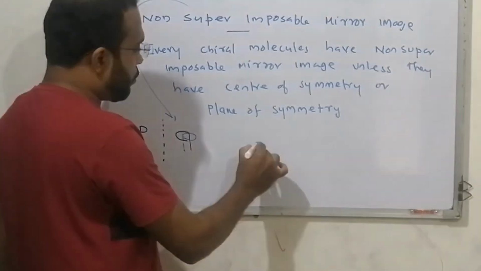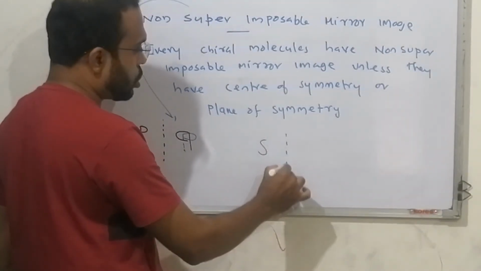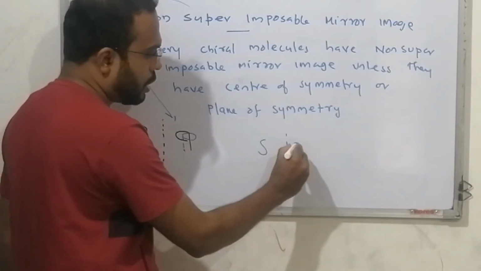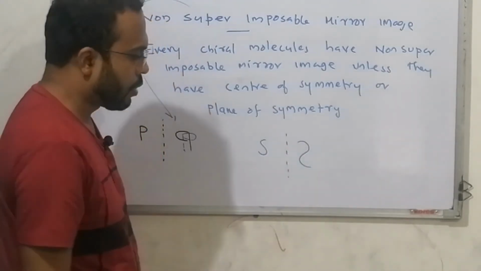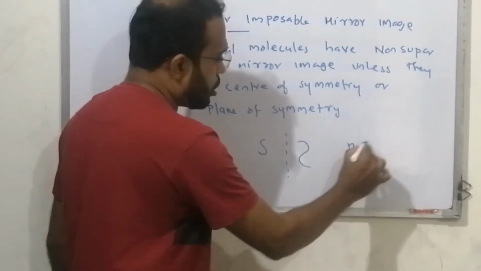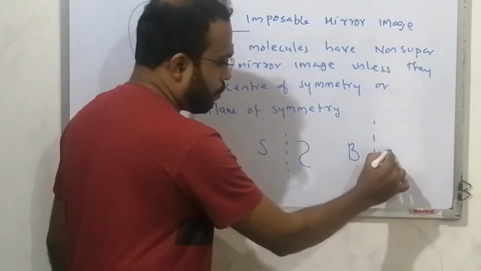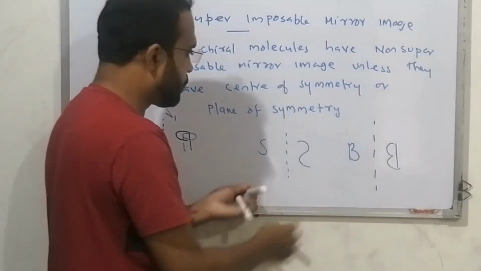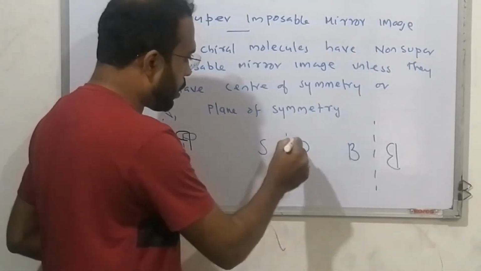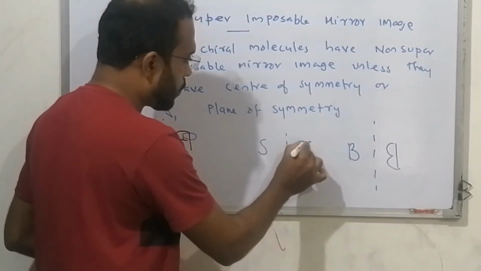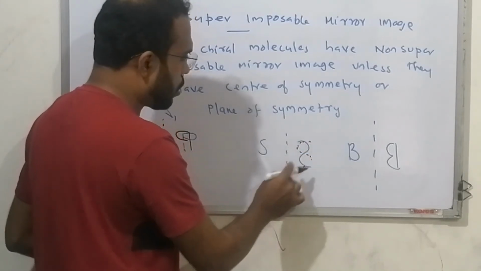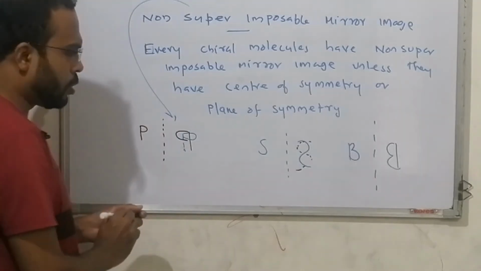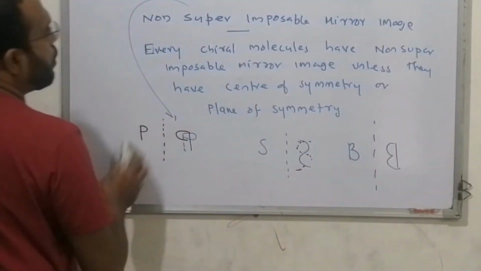Suppose you have an S. Suppose this is a mirror. This will be like this. Imagine your B will be like this. You pick the S from here, it will be like this. Therefore, it is not superimposable. What is superimposable?